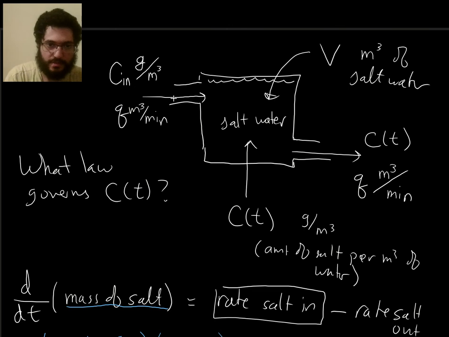I have Q cubic meters coming in per minute. So each minute, Q cubic meters of liquid come in. Each of those cubic meters of liquid has C in grams of salt in it. So the product, C in times Q, is how many grams of salt come in per minute.